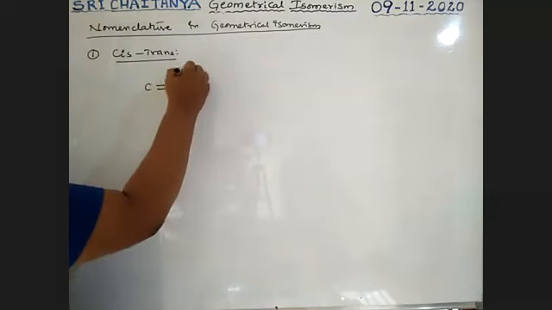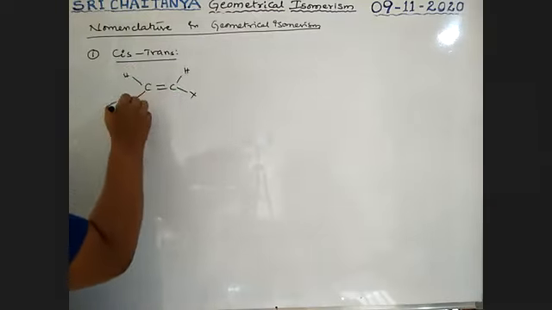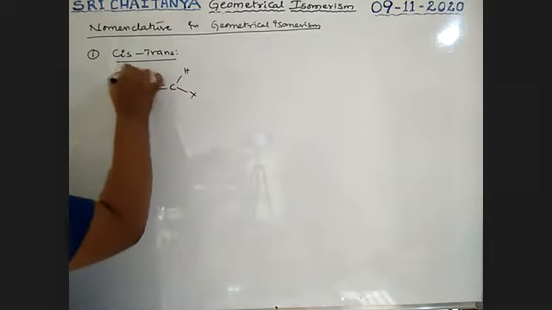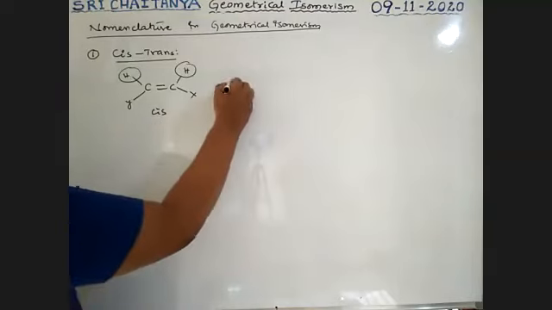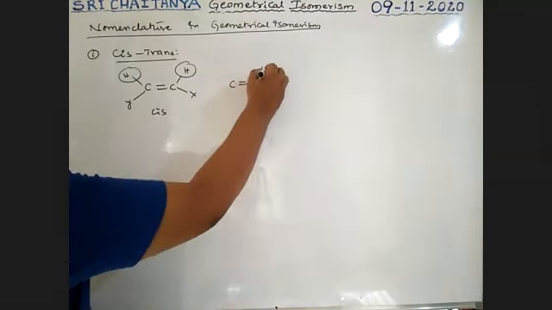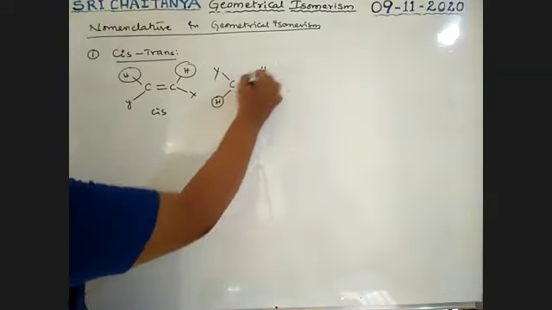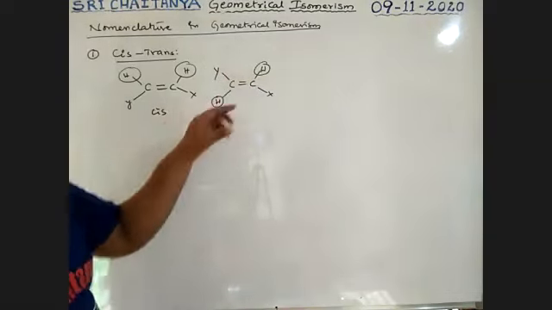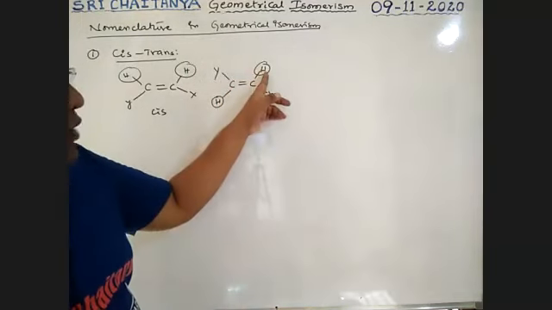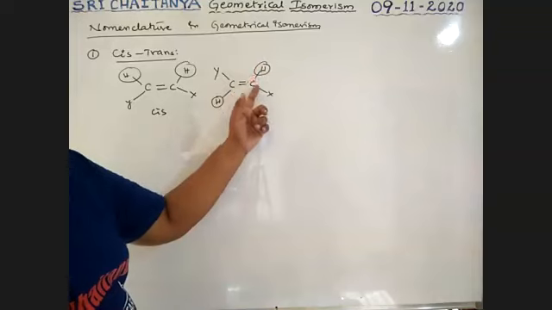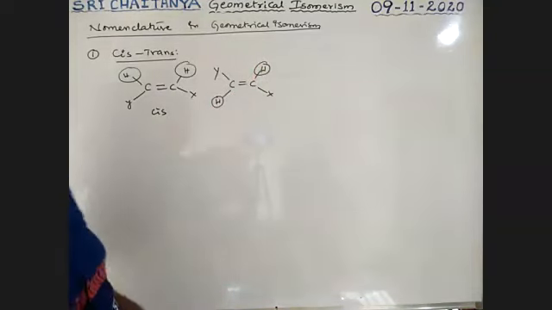For C double bond C, the similar groups may be X, H, Y, whatever they may be. Similar groups on the same side are cis compounds. Similar groups on opposite sides are trans. If at least one of the two groups on each of the two double-bonded carbons is the same, then cis-trans isomerism is automatically possible, boys.